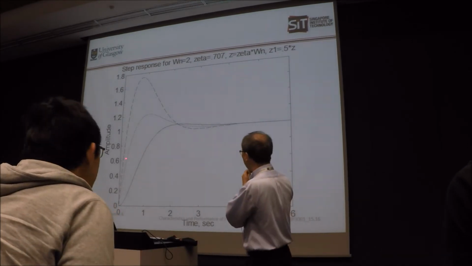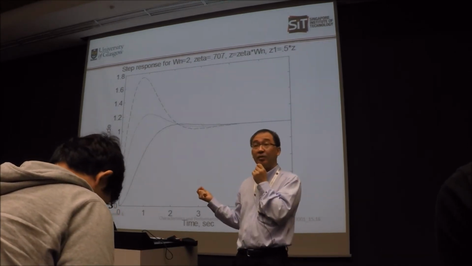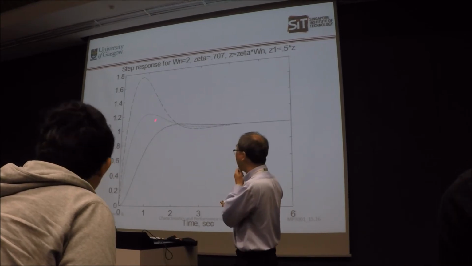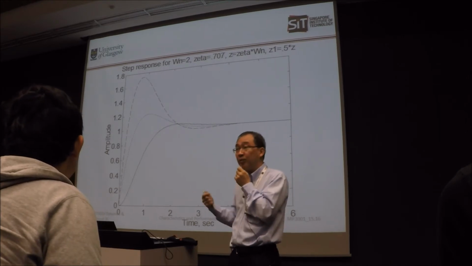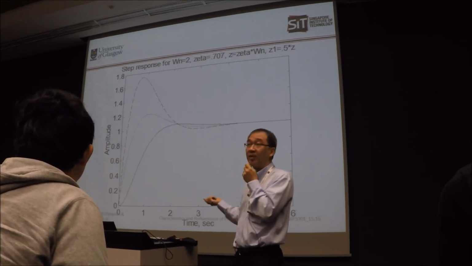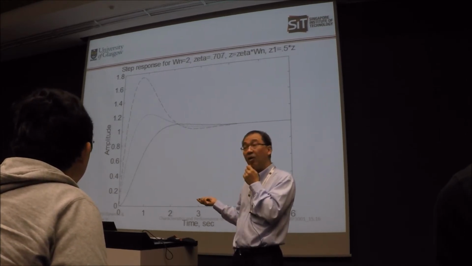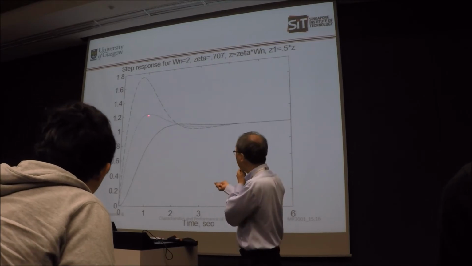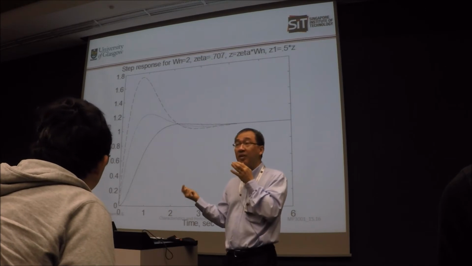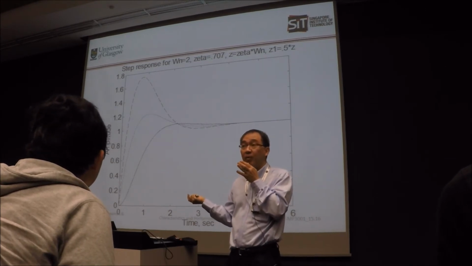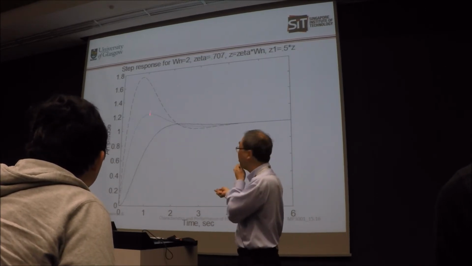The good thing is the response is very fast, but you do have a higher overshoot. Your closed loop system has a damping of 0.707, or higher damping, but the response doesn't look like a system with such high damping, because the overshoot is higher.